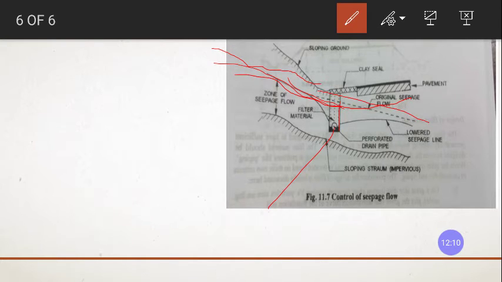So to avoid the seepage flow, we provide trenches of drains with the perforated pipes and the filter sand, the same way that we provided in the previous case, but this will be on one side only, because on the other side it is sloping downwards, so there is no need of any drainage facilities.